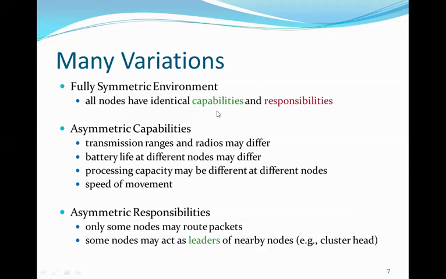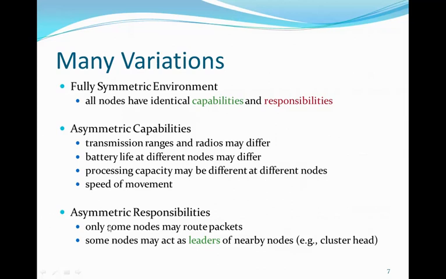Another important thing is asymmetric capabilities, and you can say that here some nodes are more powerful. They have more energy, they have more transmission power and range, and similarly, they can also have longer battery life and processing capabilities. And therefore, the mobility pattern or the mobility speed of these nodes may vary from time to time.